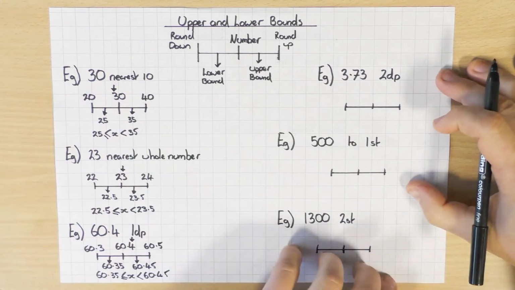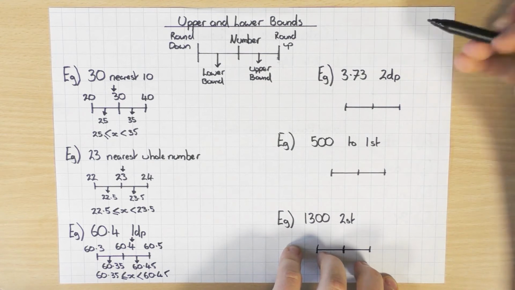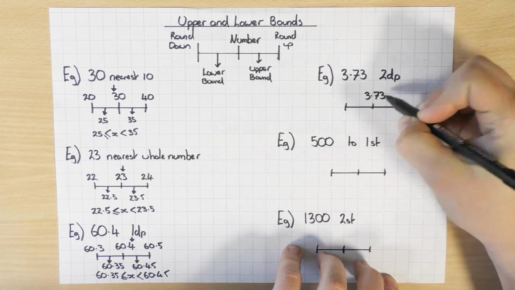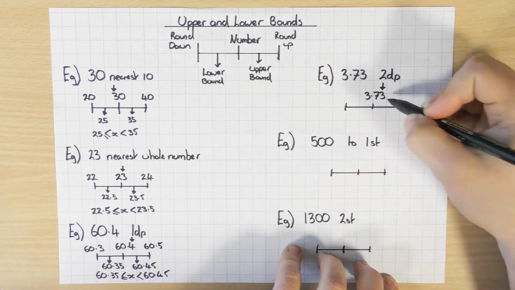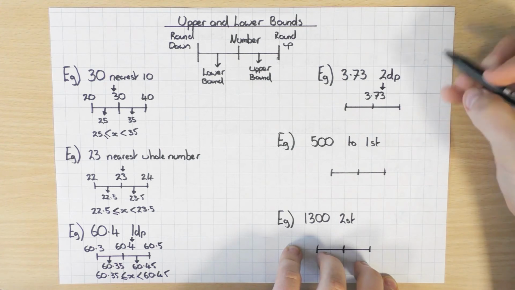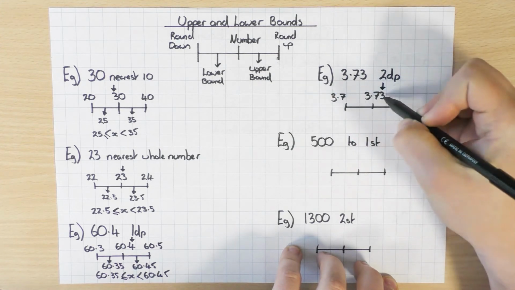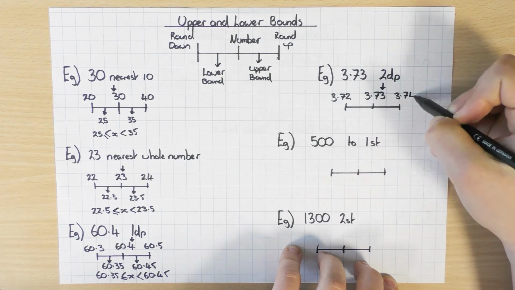Another decimal point one. This time it's to 2 decimal places. So I've got 3.73. That's my number. I'm looking at the second decimal place there, which is that second 3. Rounding down, 3.72. Rounding up, 3.74.